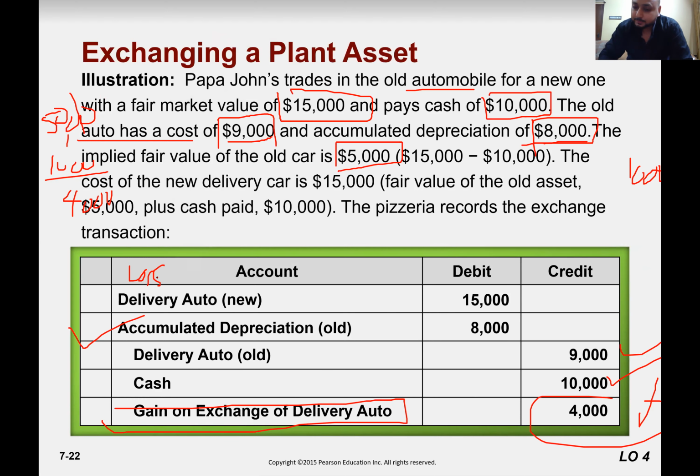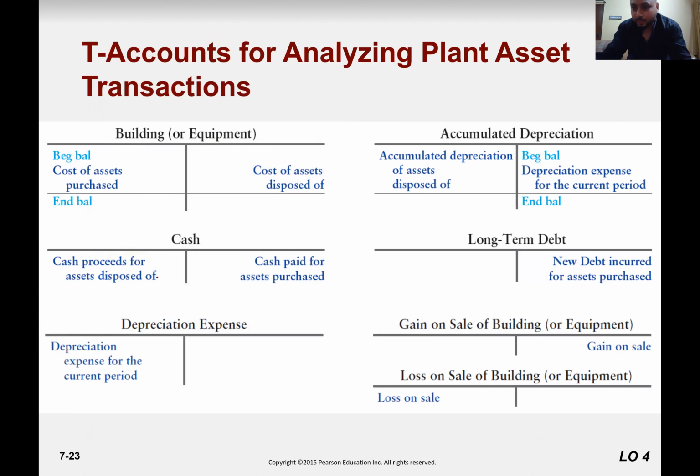Simple. So if you put all these on T accounts, remember that one. The gain is going to be on the credit side, the loss is going to be on the debit side, and this will go to the income statement, right?